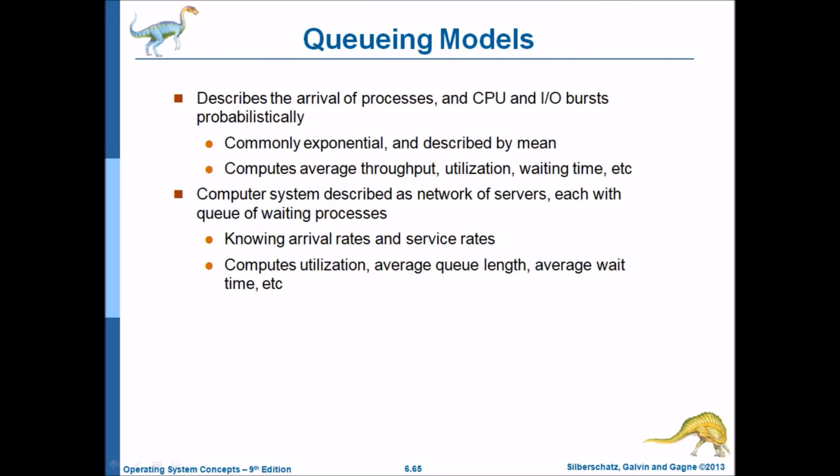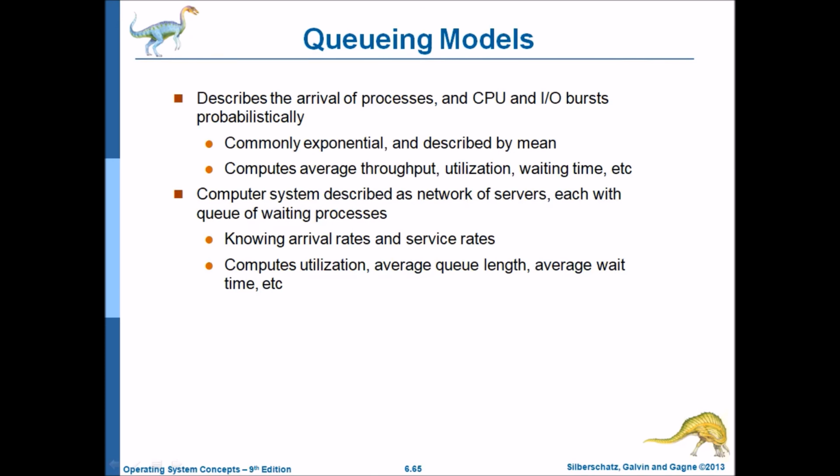Let's proceed to queuing models. On many systems, the processes that are run vary from day to day, so there is no static set of processes or times to use for deterministic modeling. What can be determined, however, is the distribution of CPU and I/O bursts.